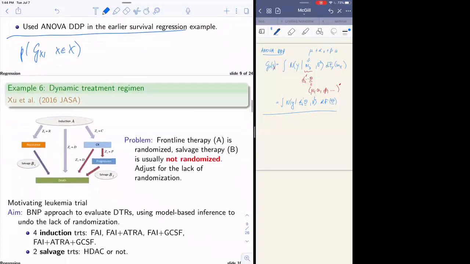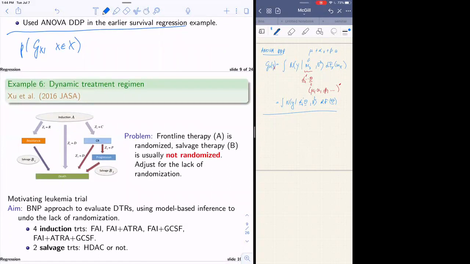So here's the example. I don't want to dwell too much on the details of the example. The example is about a treatment. The initial treatment is the A up here. If you remember, these were leukemia patients. So there's initial treatment A, and patients are randomized to the initial treatment.